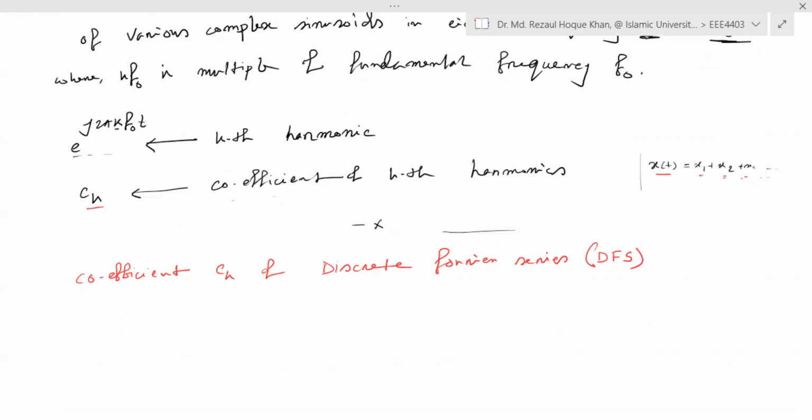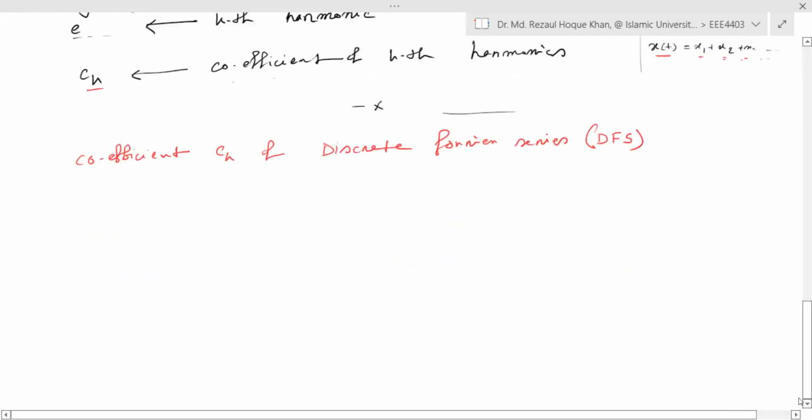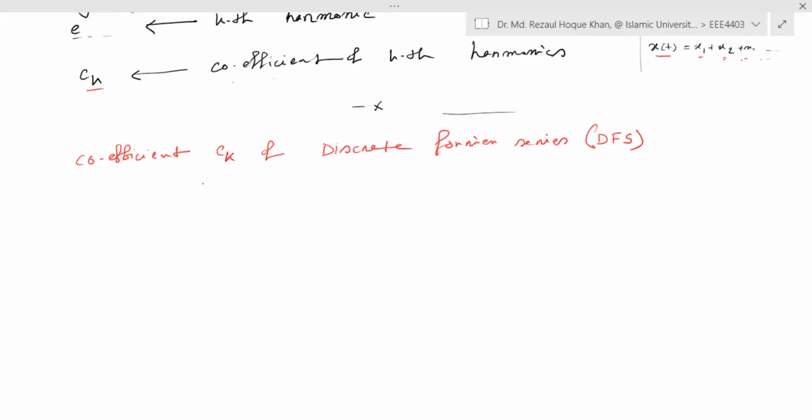So this k value runs from minus infinity to plus infinity. We would like to know about a specific coefficient.